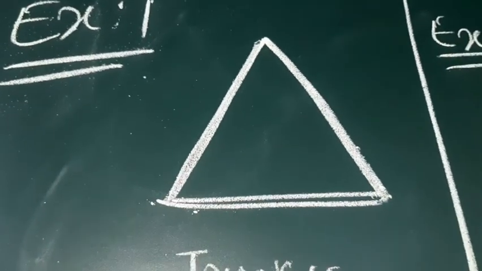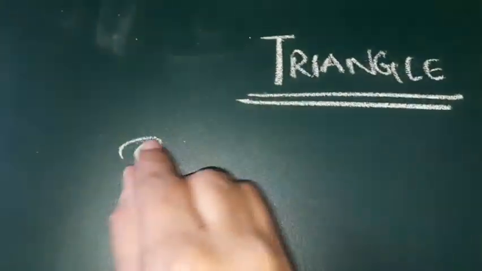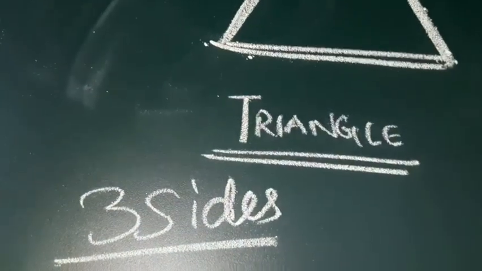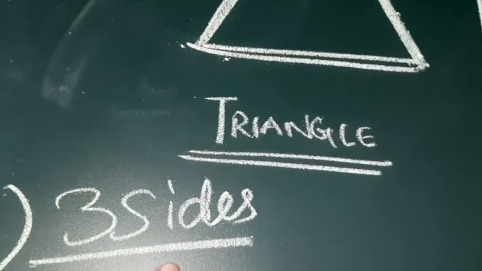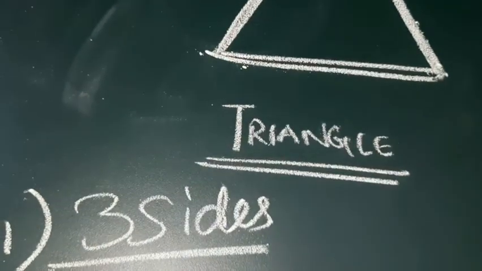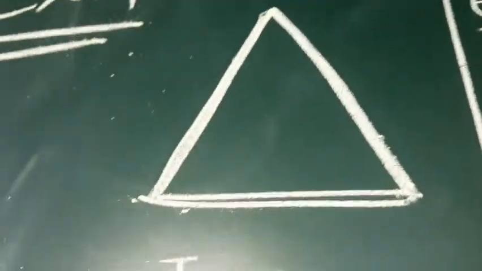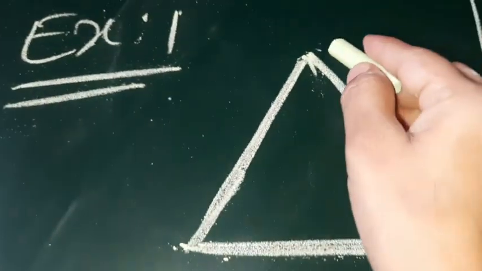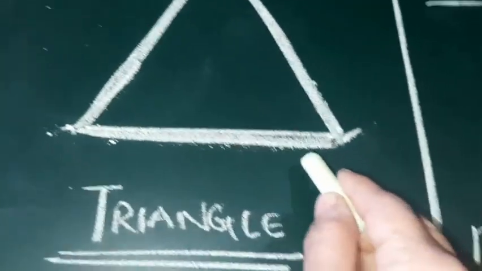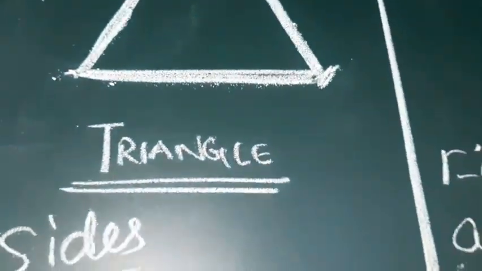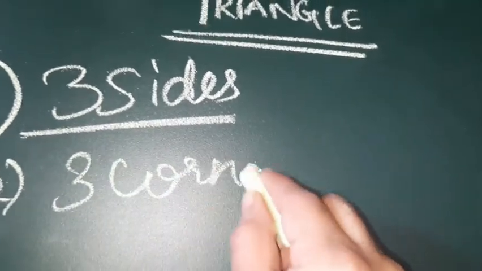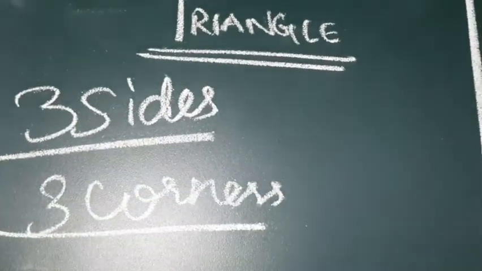So the triangle has 3 sides. Now let's get to know how many corners there are. This is one corner, this is one corner and this is one corner. So totally there are 3 corners in the triangle.